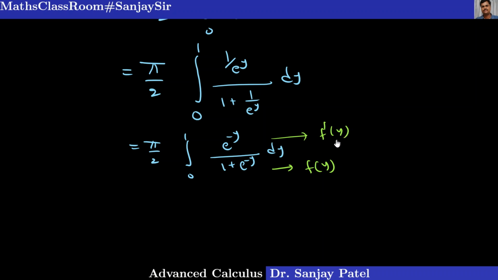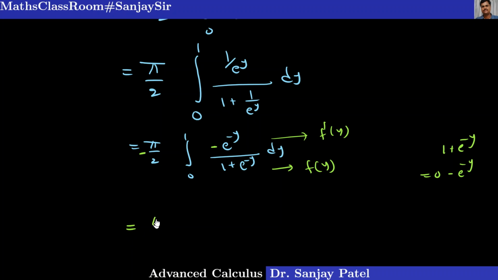So f dash x upon f(x) type of thing. But what is the derivative of 1 plus e raised to minus y? Derivative of 1 plus e raised to minus y is 0 minus e raised to minus y. So I need a minus sign over here. I will put a minus sign, but there is no minus, so I will make it plus by putting one extra negative sign here. So multiply by minus 1 twice like this.